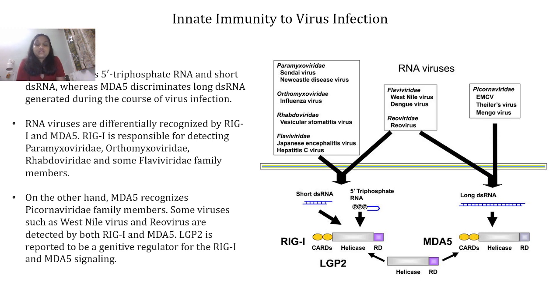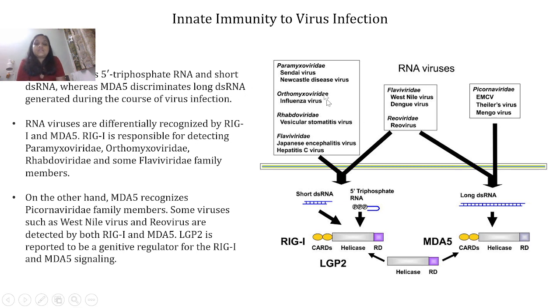So they are differently recognized by RIG-I and MDA5. For example, RIG-I is responsible for detecting paramyxoviridae, orthomyxoviridae, rhabdoviridae, and some flaviviridae members. Both cannot recognize all the viruses. Some recognize some viruses, and another recognizes other viruses.